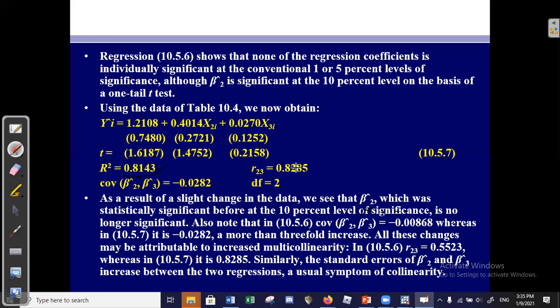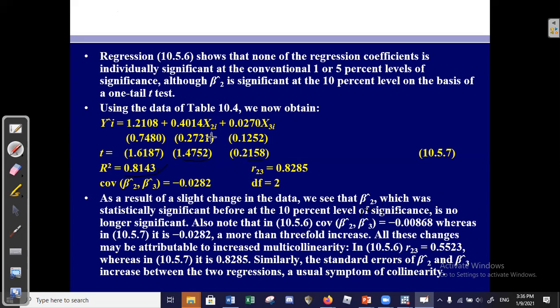But you see, if you look at the T ratio corresponding to X2, which is the ratio of the coefficient 0.4014 divided by the standard error 0.2721, this T ratio is insignificant. And if you look at the other T ratio, it is also insignificant.